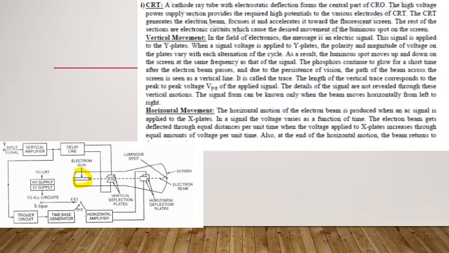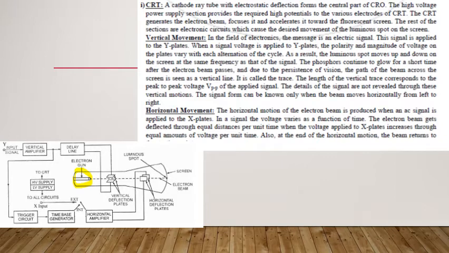We have two movements here, vertical movement and horizontal movement. In the field of electronics, the message is in an electrical signal, and the signal is applied to Y plates or vertical plates. When the signal voltage is applied to vertical plates, the polarity and magnitude of voltage vary with each alternation of the cycle.